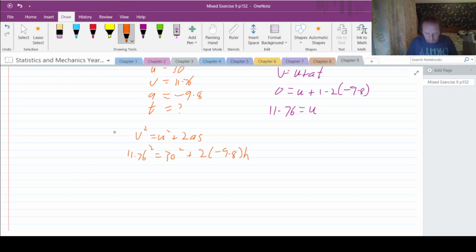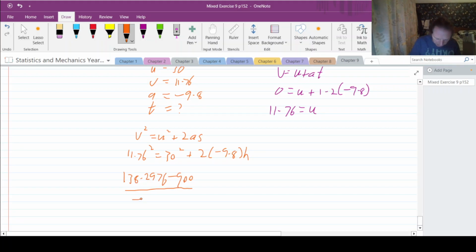So 11.76 squared is 138.2976, minus 30 squared, which is 900. All of that is going to get divided by 2 lots of minus 9.8, minus 19.6, and that will equal h.